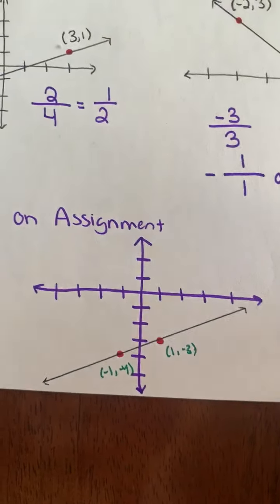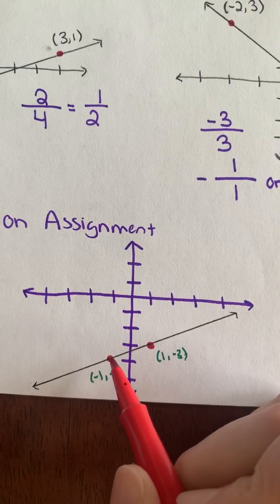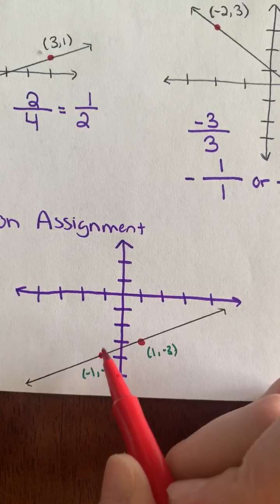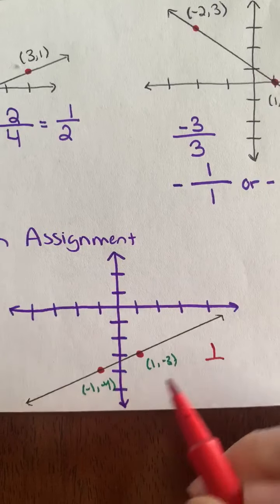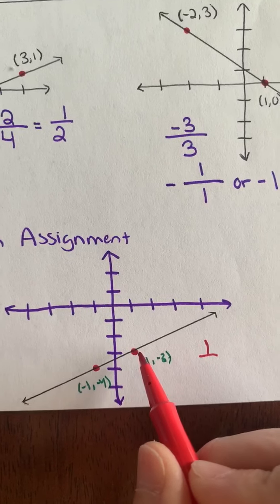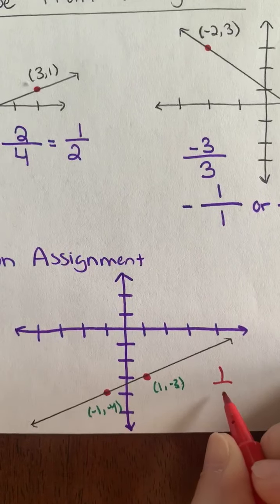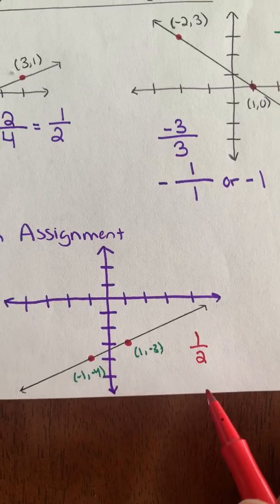If I looked at this to get from these points, I would go up 1, and going up 1 would give me a positive 1, which would get me here. And then I would go to the right 1, 2, and going to the right would also give me a positive. So the slope of this line is 1 over 2.